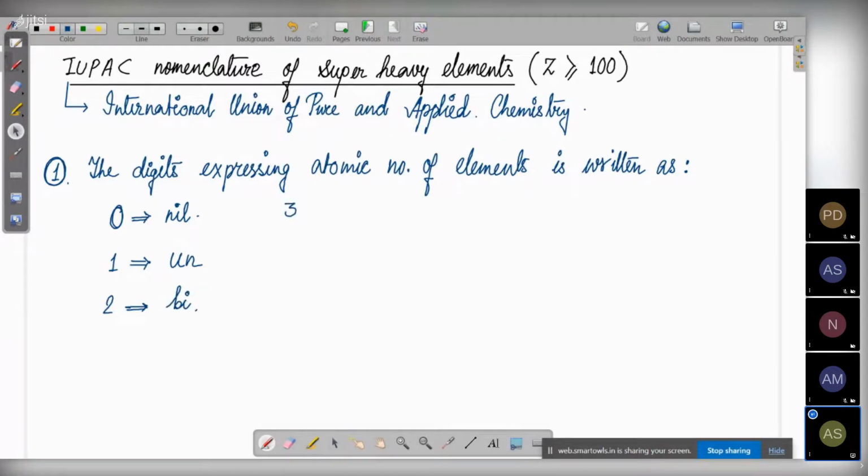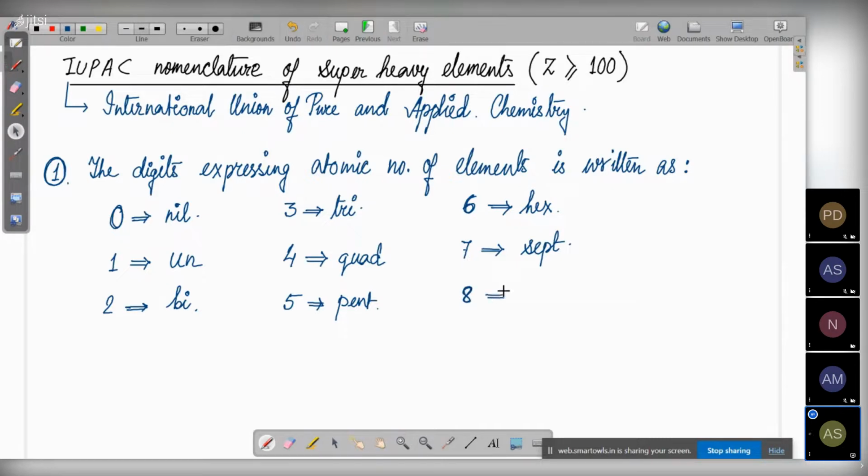If it is 3, tri. Quad. Pent. Hex. Sept. Oct. 9 will be enn.